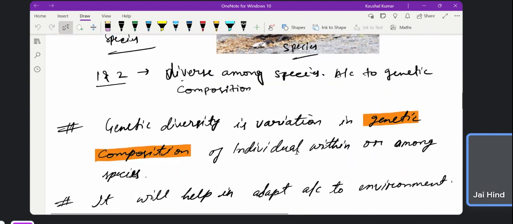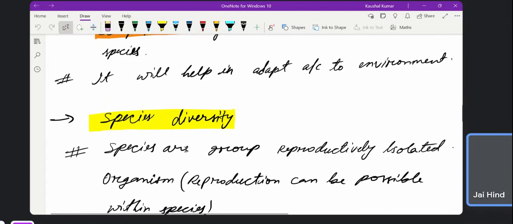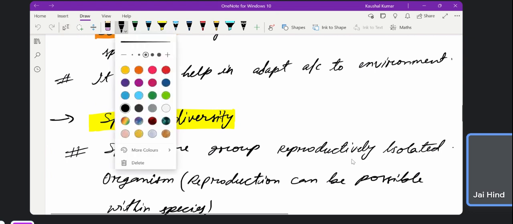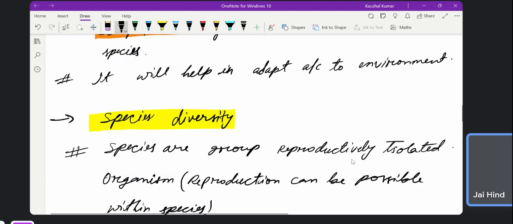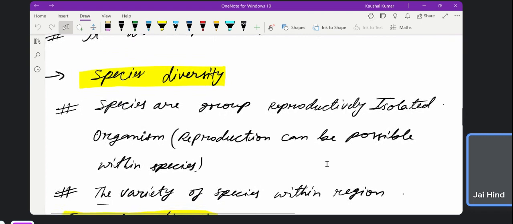But in species diversity, we do not take care about the genetic composition. We have more interest in reproductive behavior. If organisms are isolated for reproduction in a particular group, then it is called species diversity.